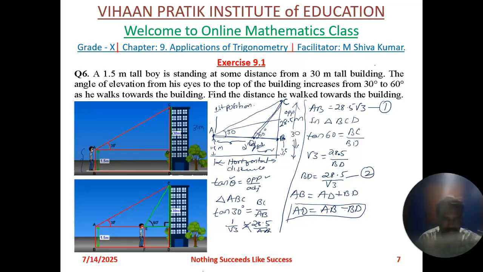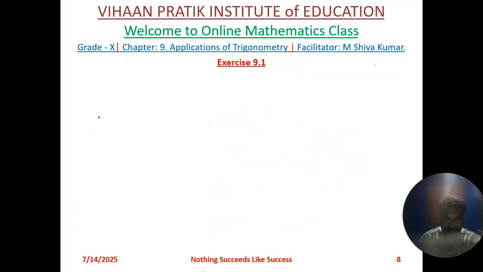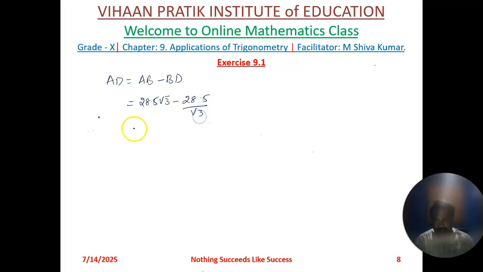So let's see what is AB. AB is 28.5 root 3 and BD is 28.5 by root 3. So AD equals AB minus BD. Taking 28.5 common, we get root 3 minus 1 by root 3.